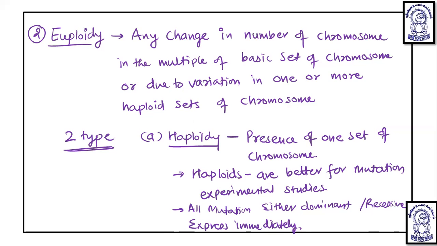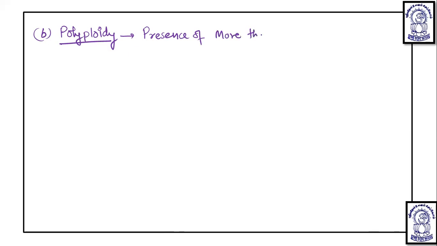And the second type of this euploidy is polyploidy. When we talk about polyploidy, it is defined as the presence of more than two sets of chromosomes in a cell.